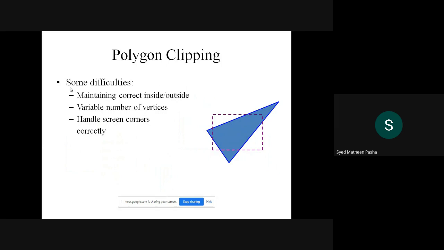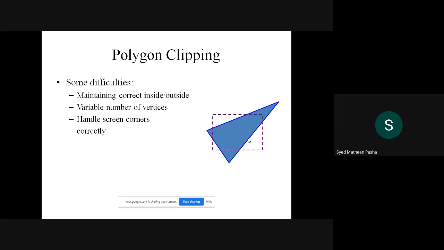What happens in polygon clipping is there are some difficulties with it. We'll check out what those difficulties are. Maintaining correct inside and outside. Because there are no particular dimensions for a line or point, it does not have huge dimensions.